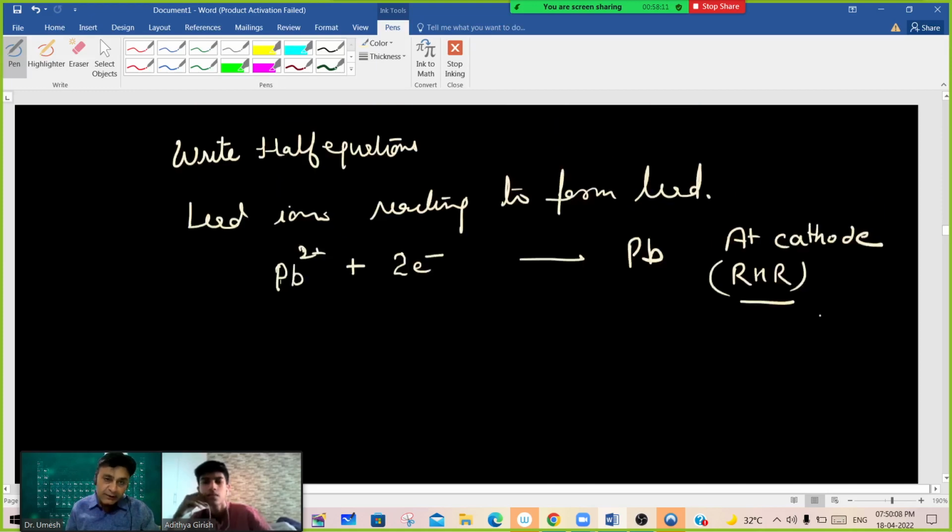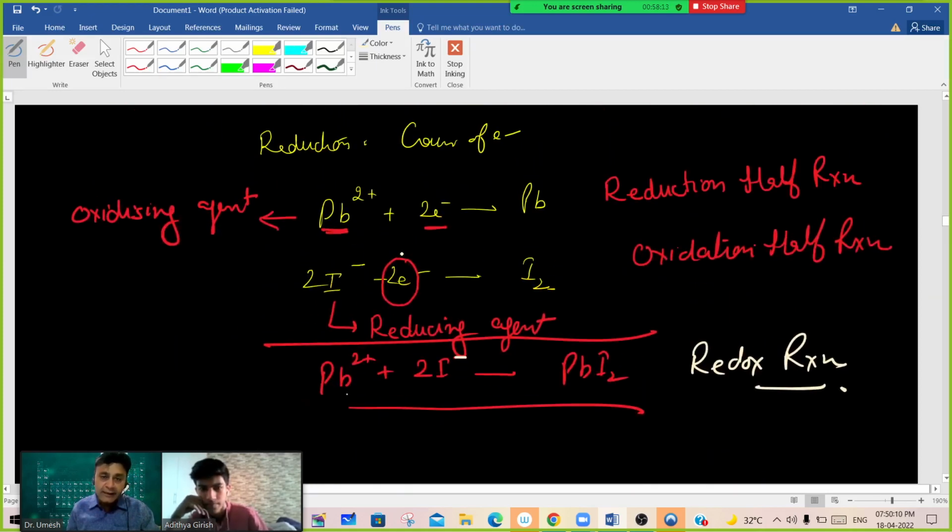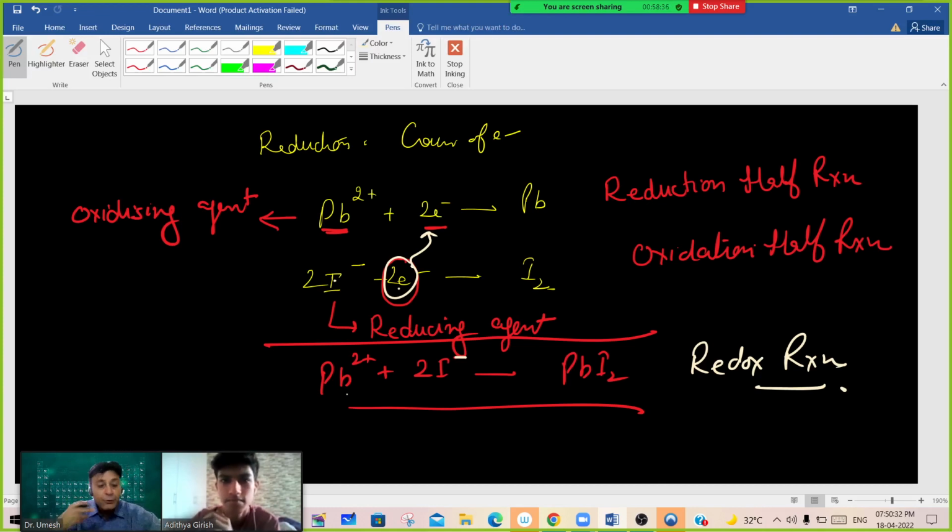Just like here, the iodide ion is giving electrons and the same electrons are taken up by the lead. It means without oxidation, reduction is not possible, and without reduction, oxidation is not possible. Both have to take place simultaneously. Understood?